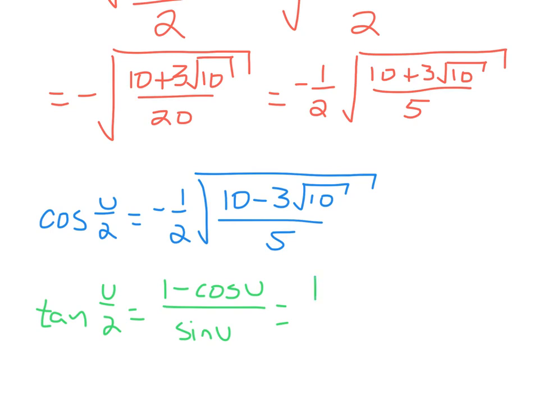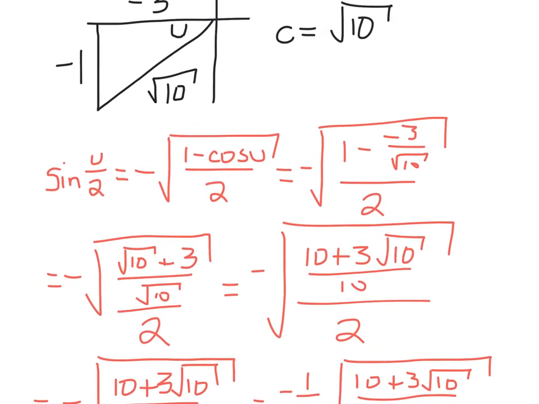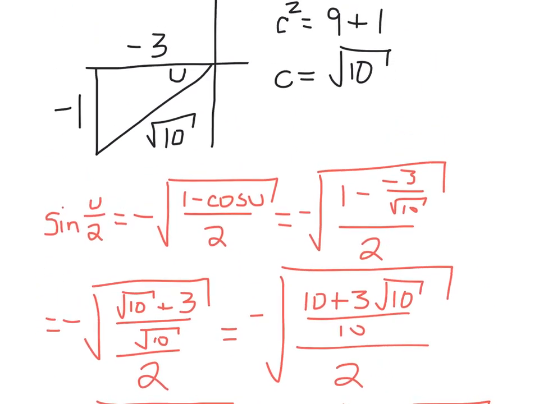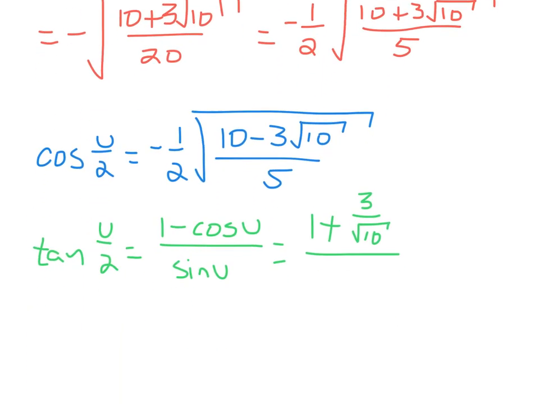So then we have 1 minus, right, cosine of u is negative 3, so I'm going to change that to a positive, so plus 3 over radical 10. And let's go check out what our sine is. Yeah, wrong thing. Okay. So sine, right, opposite over hypotenuse, so negative 1 over radical 10.